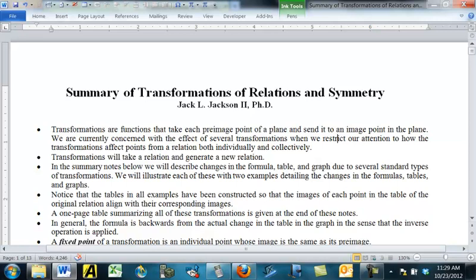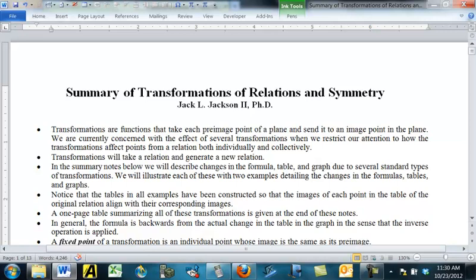Probably one will use a base function of y equals x squared, and the other one will use a base function or pre-image function of y equals x cubed. And then we may also look at one that's not in the notes where the pre-image function is y equals square root of x. So in the summary notes we'll describe changes in the formula, table, and the graph, and we'll see what happens with each of those things.